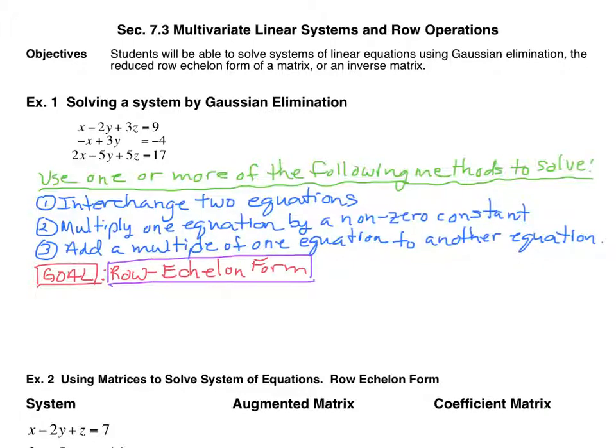So highlight that. I can't highlight up here, but you can highlight on yours. And what row echelon form is, essentially, is a stair-step pattern with leading coefficients of 1.